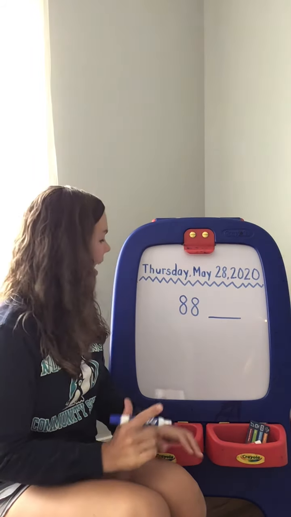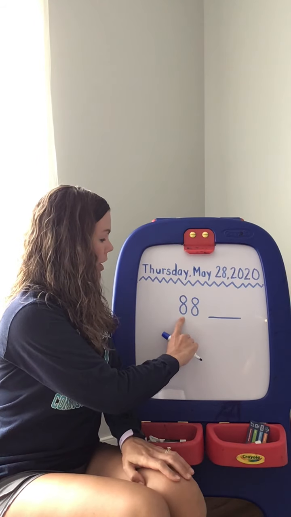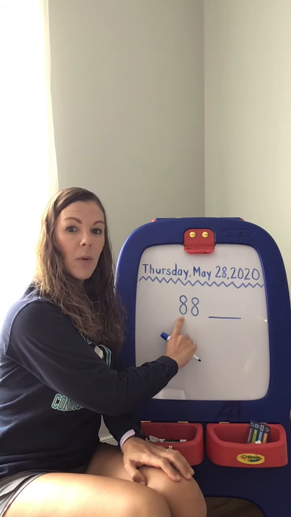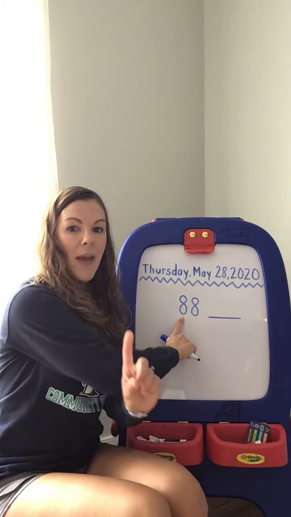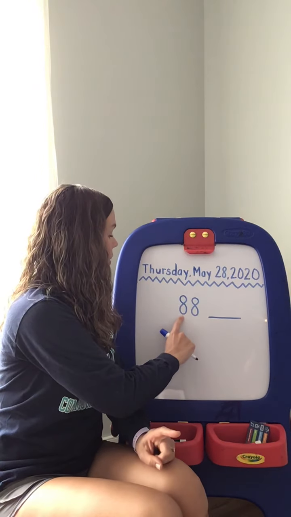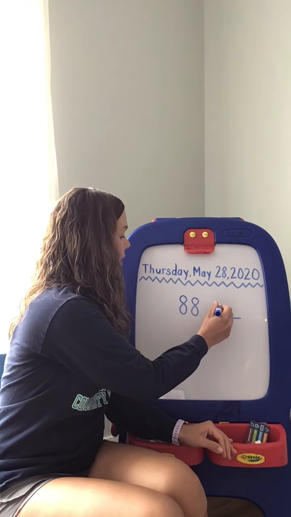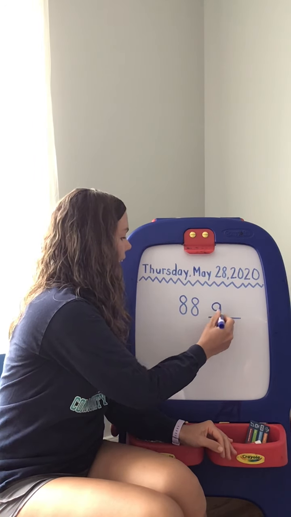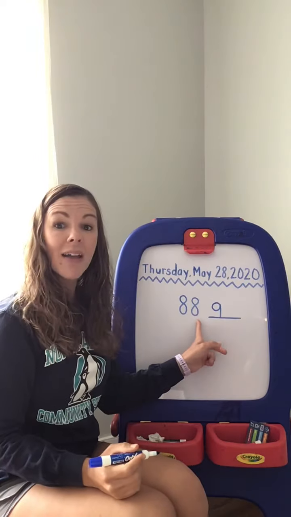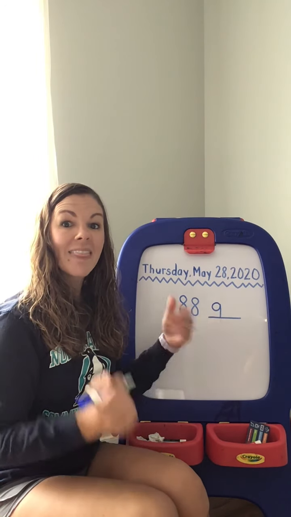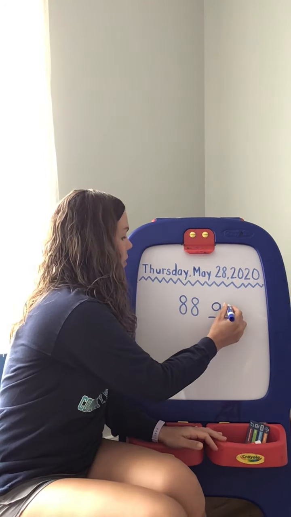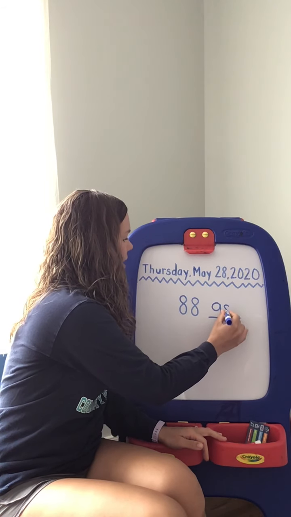All right, let's look at it. So if I'm looking for 10 more, I need to think about what number comes after 8 because I'm adding 1 10. So instead of 8 10s, if I add 1 more 10, I'm going to have 9 10s. How about my ones? What do they become? They stay the same.